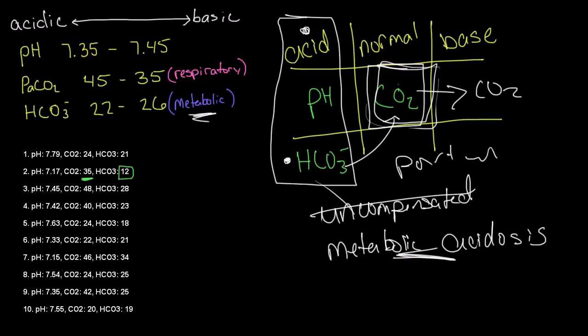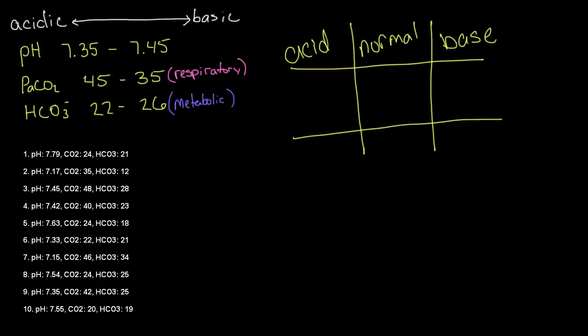Okay, let's go to problem number 3 here. Let's get rid of this. Number 3. The pH is 7.45. This is normal, so pH goes in the normal column. Our CO2 is 48, which is outside of this range, it's more acidic. So we write down our CO2 in the acid column, and our bicarbonate is 28, which is also abnormal.